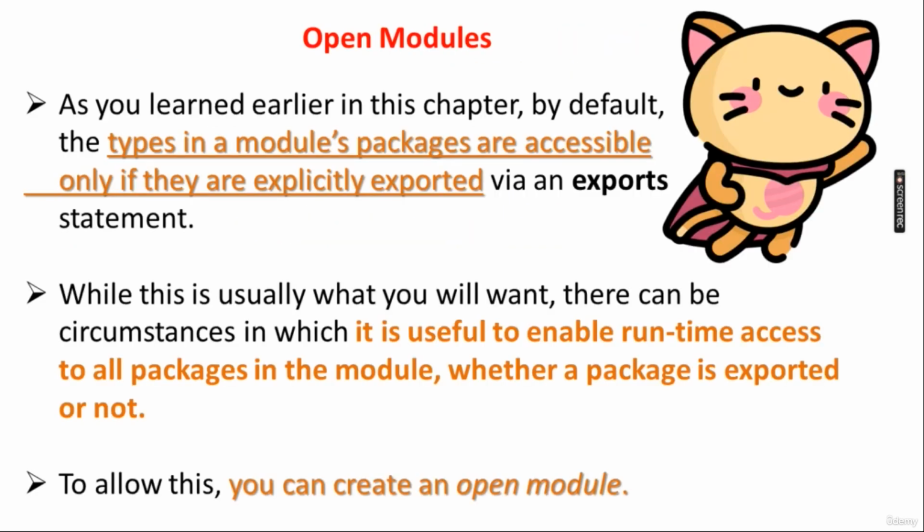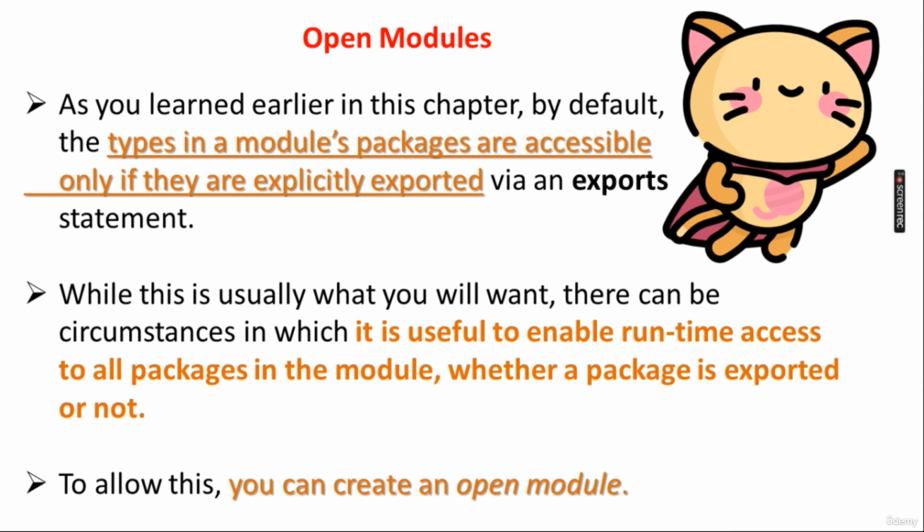First is open modules. The types in a module's packages are accessible only if they are explicitly exported via an exports statement. Okay. If it is not exported via the exports keyword, even if it is a public package or public thing, it will not be accessible to another module.